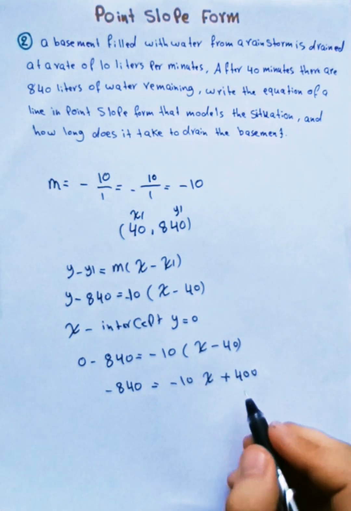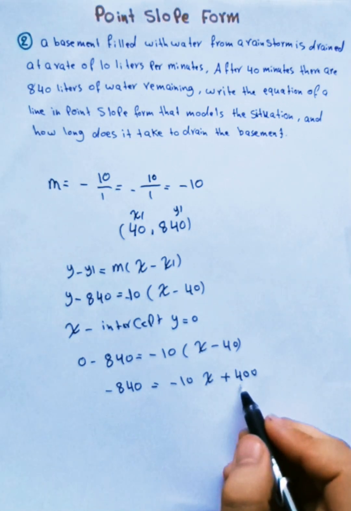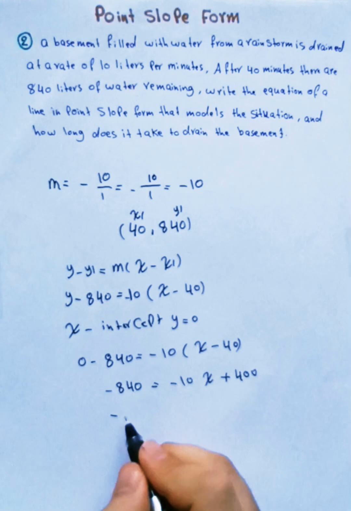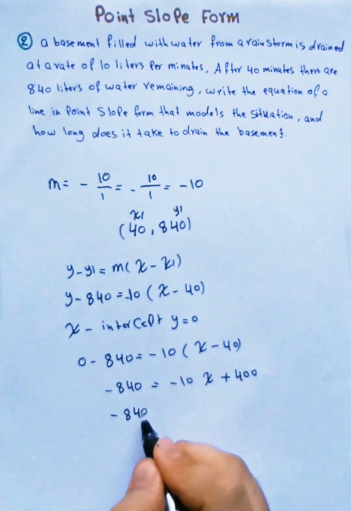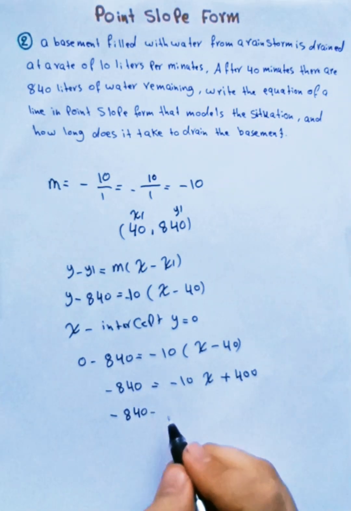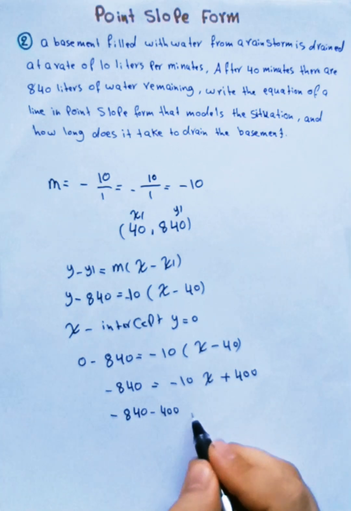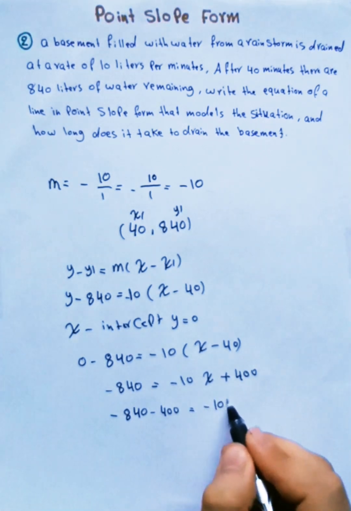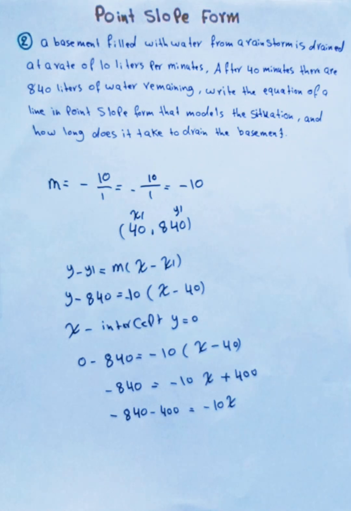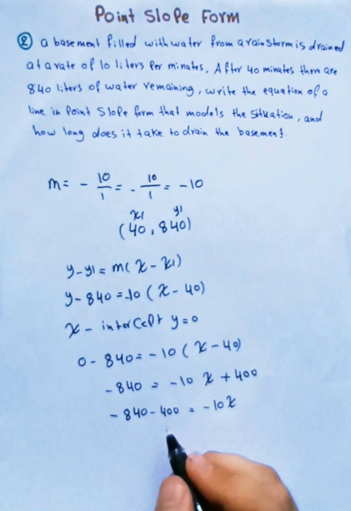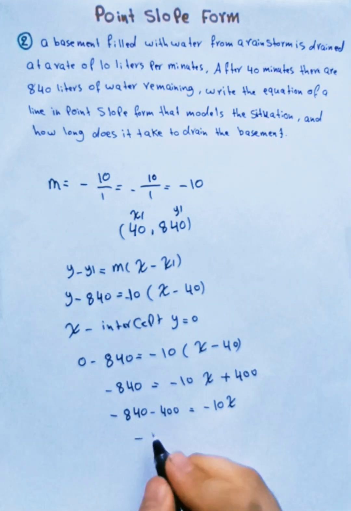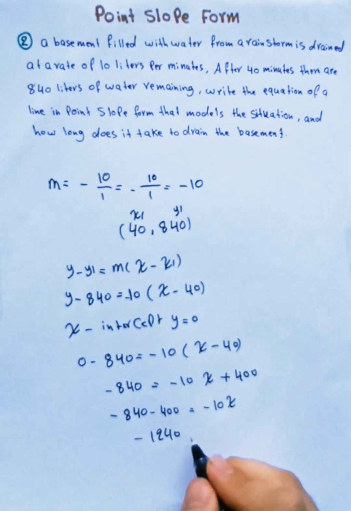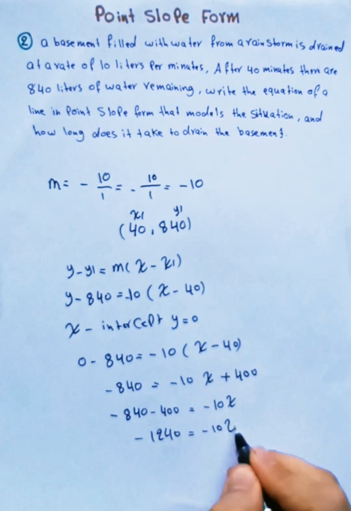And then we have to move the positive 400 to the left side, so we have negative 840 minus 400 equal to negative 10x. When we subtract these two numbers, we will get negative 1240 equal to negative 10x.